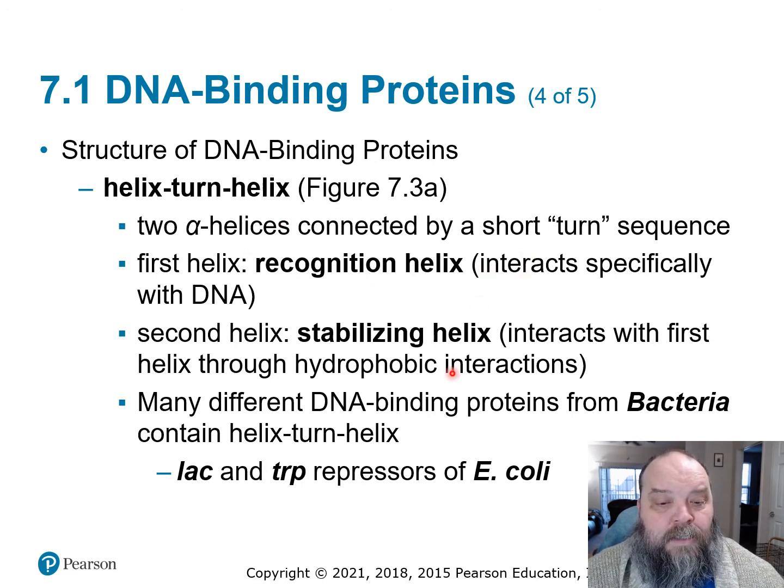The first one's a recognition helix, the second one's the stabilizing helix. The first one binds to a specific DNA sequence, the second one stabilizes and interacts, helping keep it in position so it doesn't slide and fall off. There are numerous helix-turn-helix binding proteins that we have studied, and E. coli has quite a few of them.